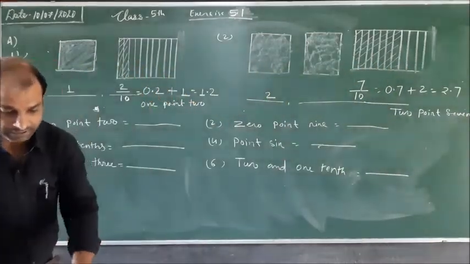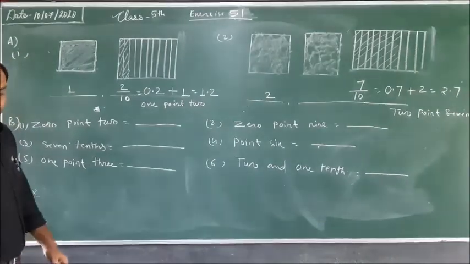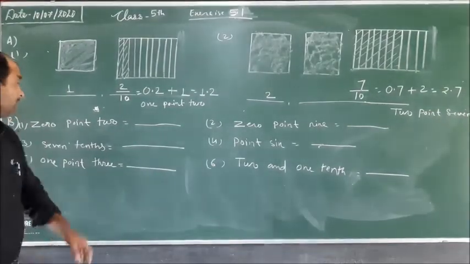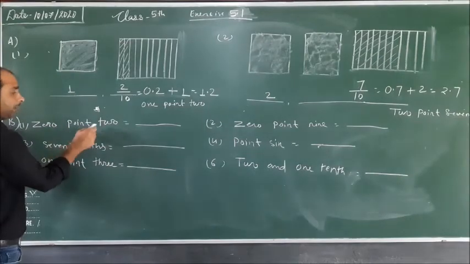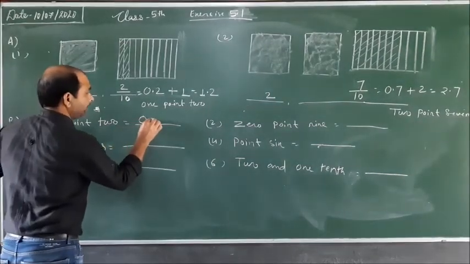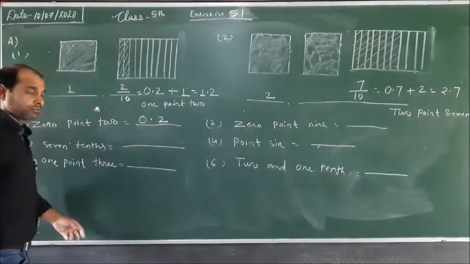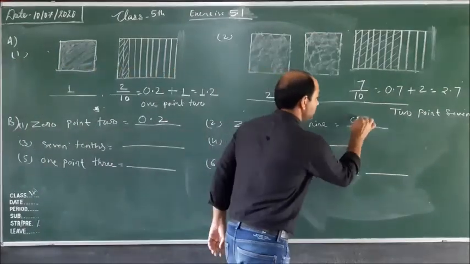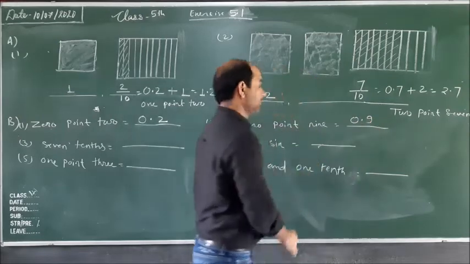Now question number two: write each of the following decimals in figures. First, 0.2. Second, 0.9.